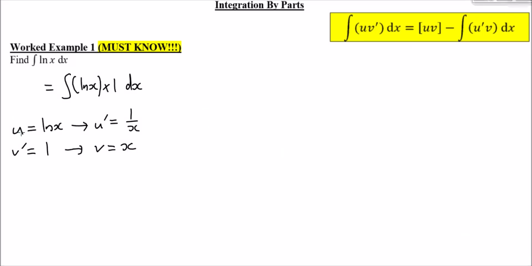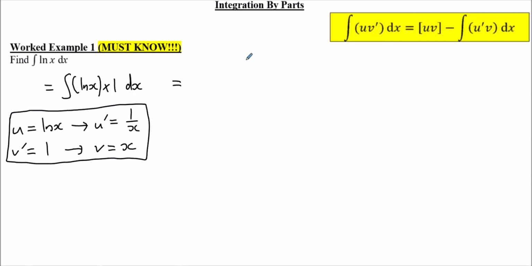So after assigning u and v dashed, therefore getting u dashed and v from that, we can now use the general integration by parts result. I'm just going to box off what we have here because I don't want this getting in the way. It's a little aside to help us integrate this. So it's going to be u multiplied by v, which is x times ln x. I'm going to write x first because ln x times x could get confused with ln of x squared.